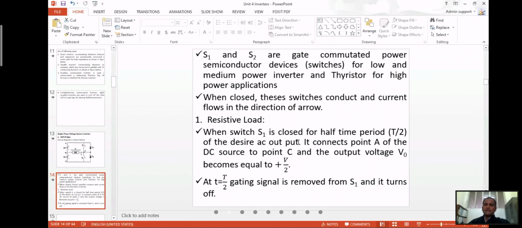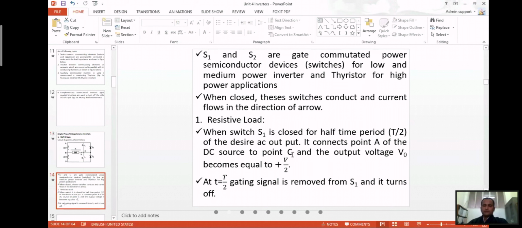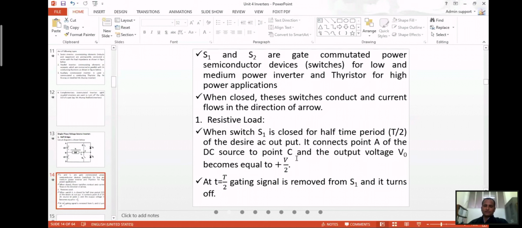In case of a resistive load, when the switch S1 is closed for the half time period T by 2, with a desired AC output, it connects point A to the DC source point C. The current will flow in this direction when S1 is closed, and the output voltage will become equal to V by 2.